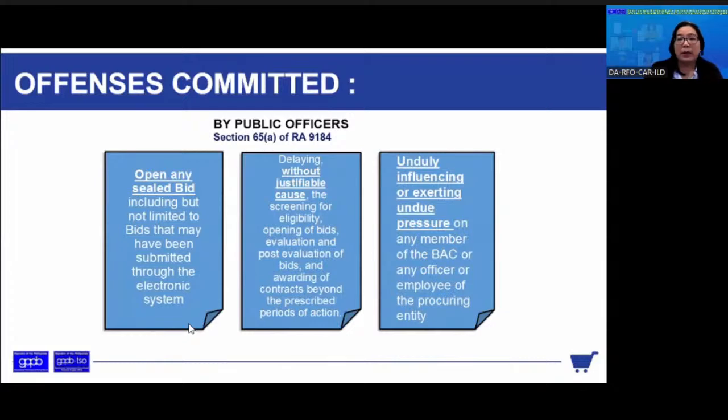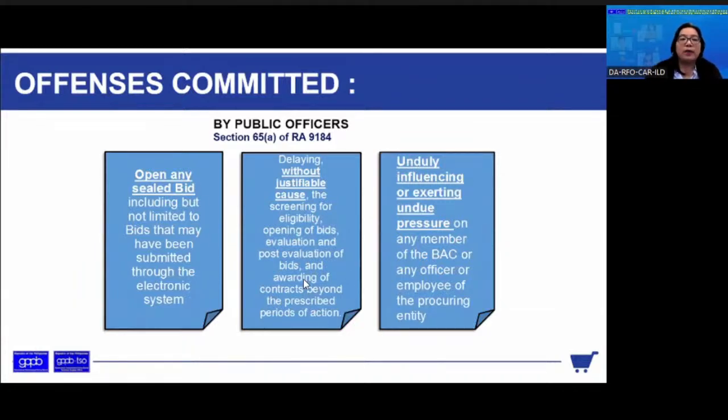So hindi lang po siya manual, but also electronically submitted. So nag-open siya ng sealed bid, which is not allowed. It's only at the time of the designated opening of bids that the bid should be opened. It's not prior, no?